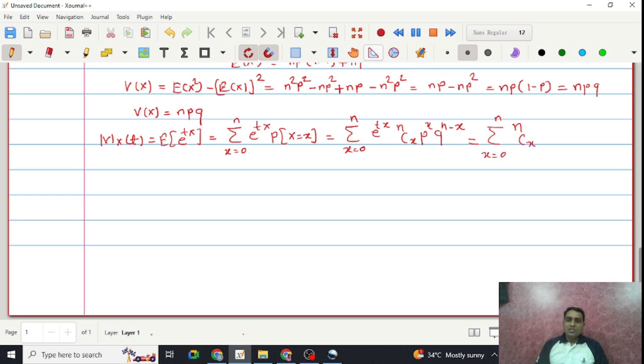The power of e raised to tx and p raised to x are the same, so we get nCx (p e raised to t) raised to x and q raised to n minus x.